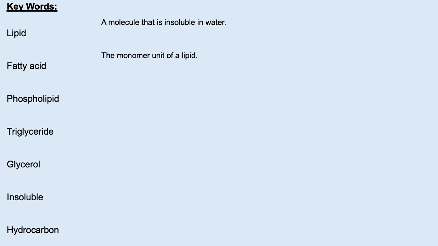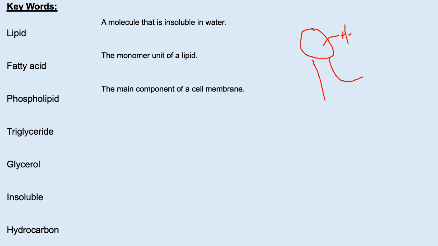And a phospholipid is the main component of a cell membrane. Phospholipids look like this as a single molecule. They have a hydrophilic head and two hydrophobic tails. Now we'll get onto that later about what that means, but it is very important in the composition of a cell membrane.